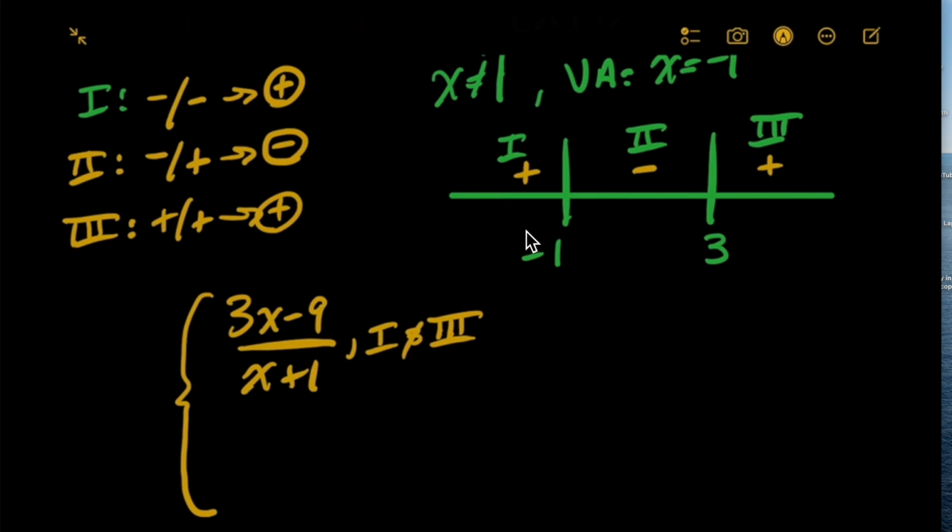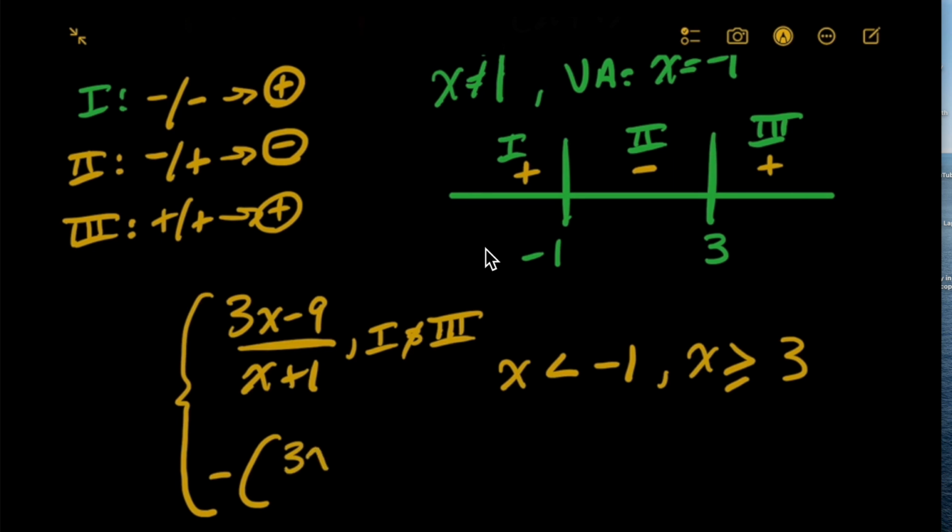Now, for zone 1, it's going to be x. Normally we do less than or equal to -1, but here we cannot include this -1 because of the restriction. And then we're going to have x greater than or equal to 3. And we're going to have the opposite of this function.